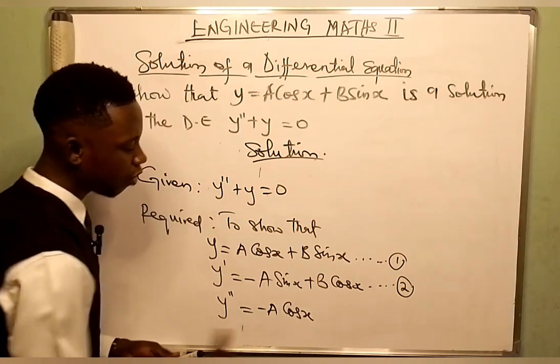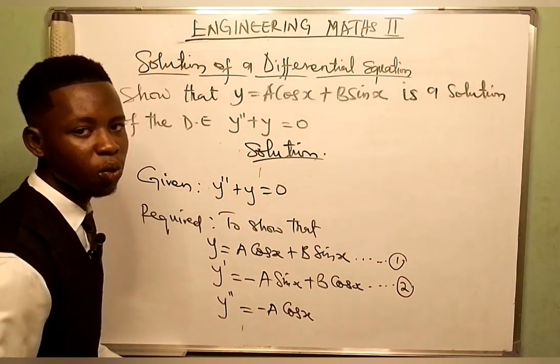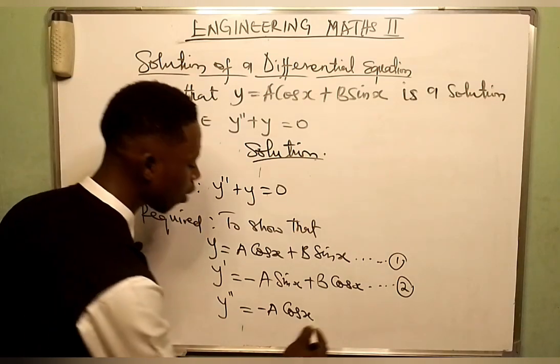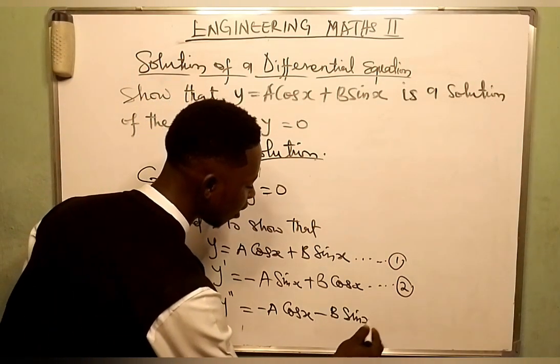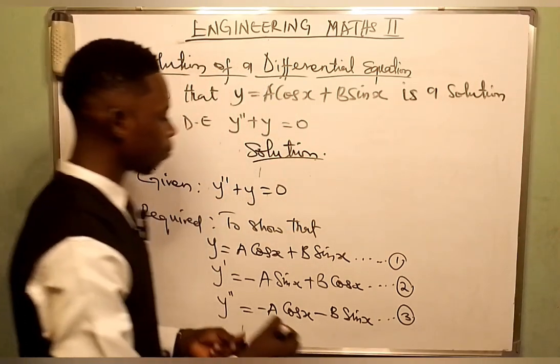And then if you differentiate cos x here, the plus will change, because when you differentiate cos x, you have minus sin x. So we are going to have minus b sin x. This will be our equation 3.